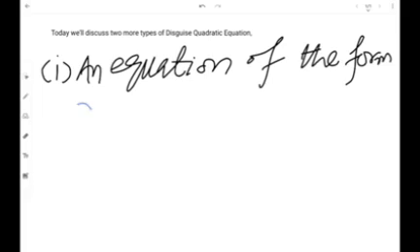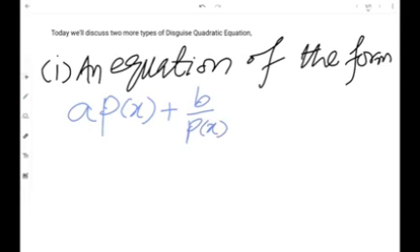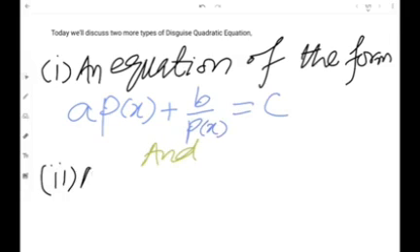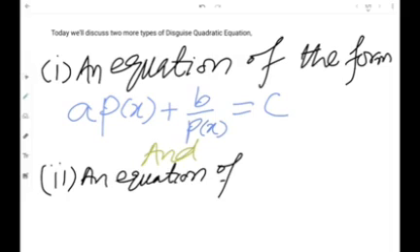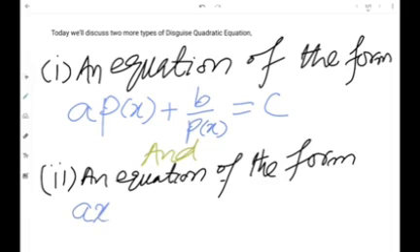The first one is an equation of the form a times p of x plus b upon p of x is equal to some constant, while the second is also a disguised quadratic equation, that is an equation of the form ax⁴ plus bx³ plus cx² plus bx plus a is equal to 0.